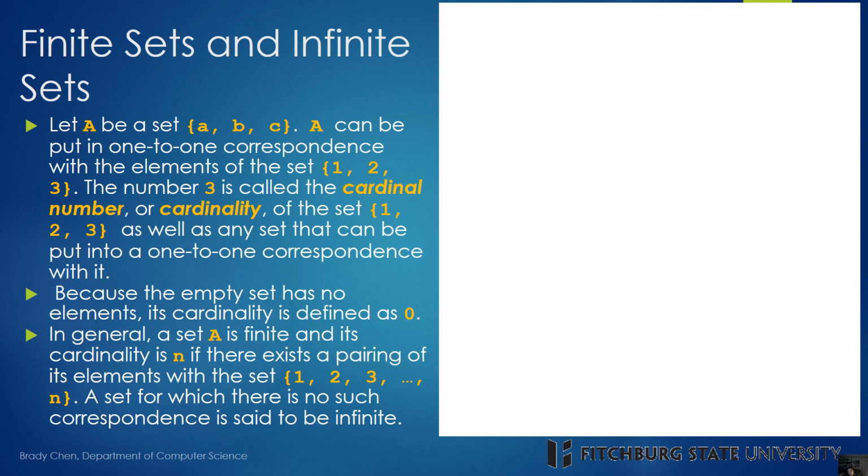So now, if you look at the examples in the previous slides, you will probably find some kind of pattern. So suppose that I have a finite set, let's say A. A is a, b, and c. Okay. And then A contains 3 elements, right?